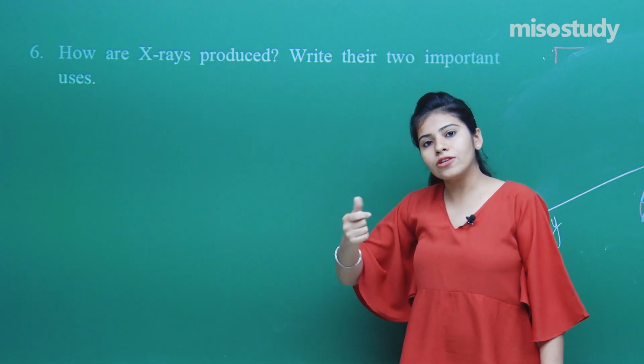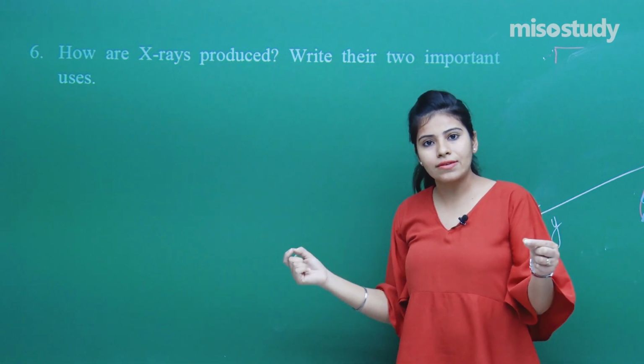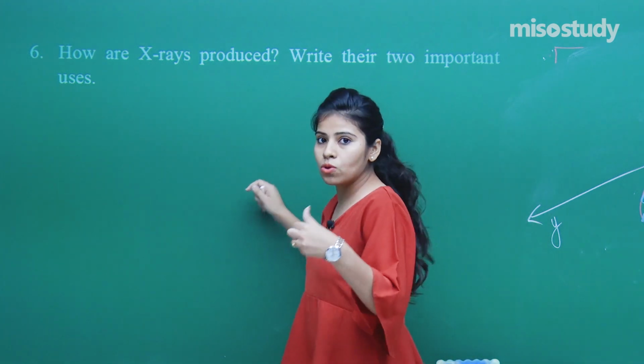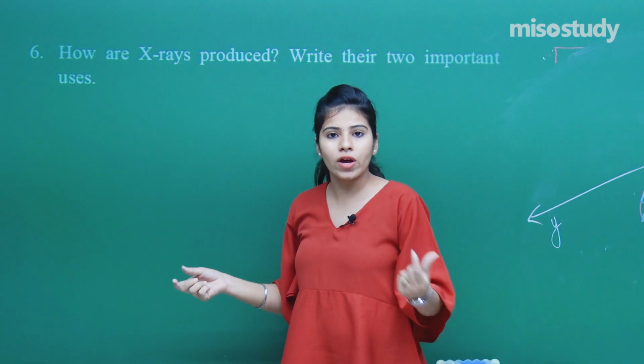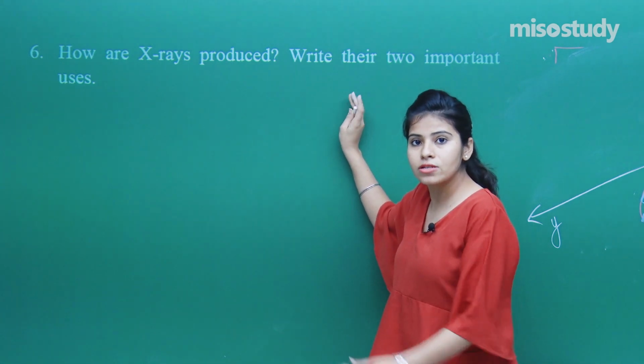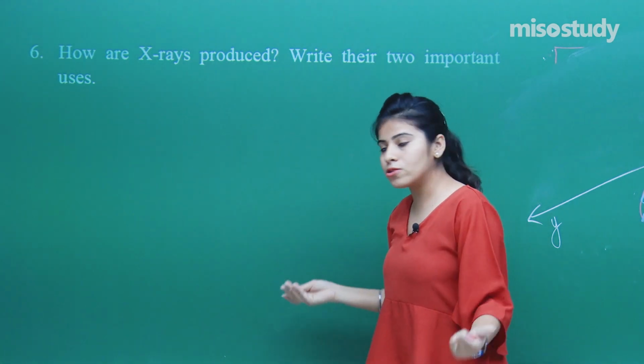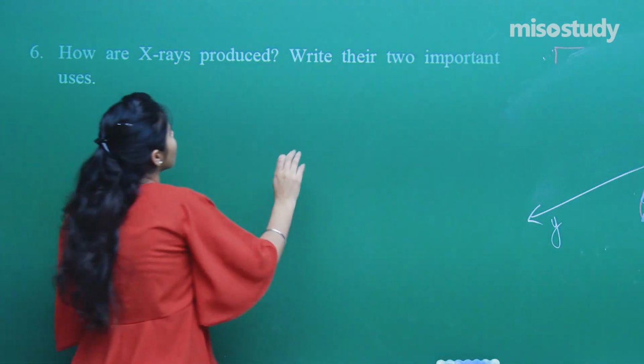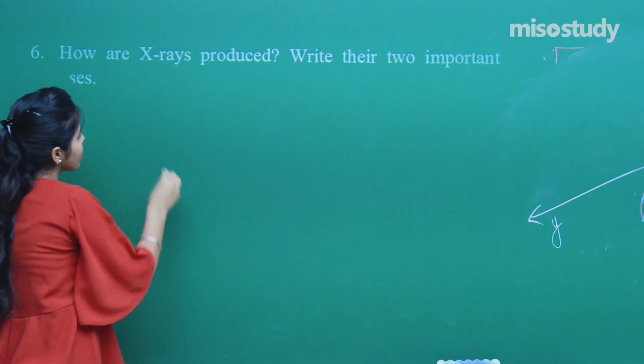Again you are going to give a short answer. Don't think that because it is a 2-mark question you have to write too much, because the question has been categorized into 2 parts. You are going to give equal weightage to both parts. How are X-rays produced?